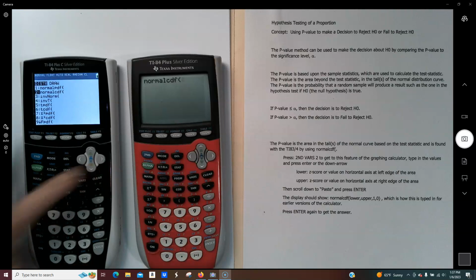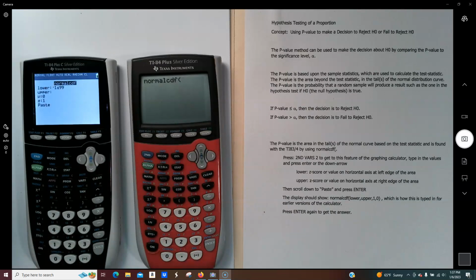Again, it's option 2, but with this version of the calculator, you type in the entries of the lower or left value of the region of the area, then the upper value of the area, leave the mean and standard deviation as they are, and then press enter to paste the entry onto the calculator.